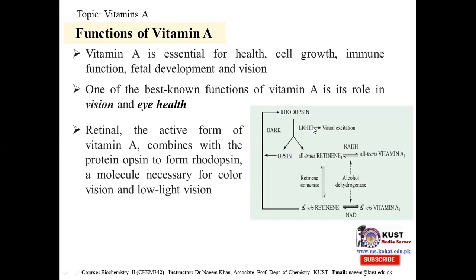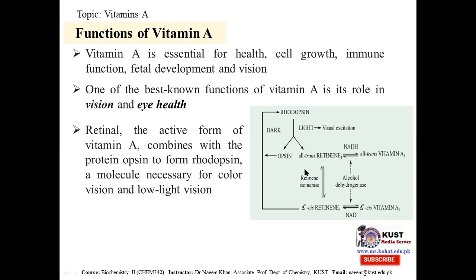But this compound is sensitive to light. Whenever someone switches on a bulb light, this compound decomposes and we get opsin and vitamin A. And then, whenever the light goes and it is dark, in the first few seconds we are unable to see anything, but after some time we gradually become able and our vision to some extent is restored.